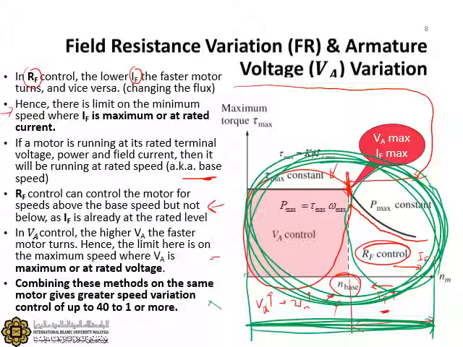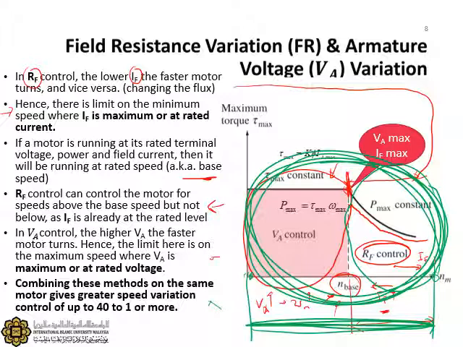And this is summed up in the last bullet point, that combining these two methods on the same motor will give greater speed variation control of up to 40 to 1 or more, which means that the high speed can be 40 times higher than the lower speed.